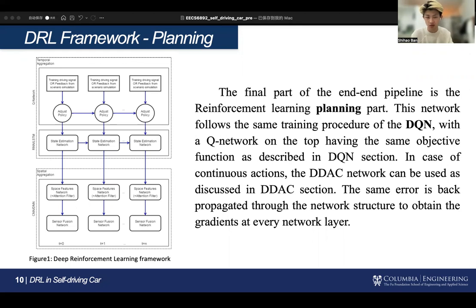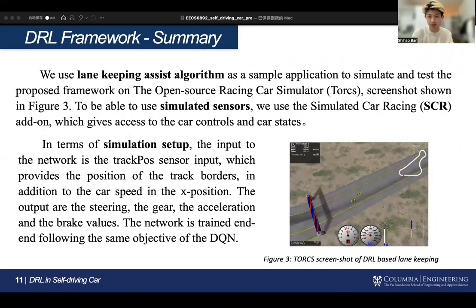In case of continuous action, the DDAC network can be used as discussed in the DDAC section. The same error is propagated through the network structure to obtain the gradients at every network layer. So that is the end of our framework.